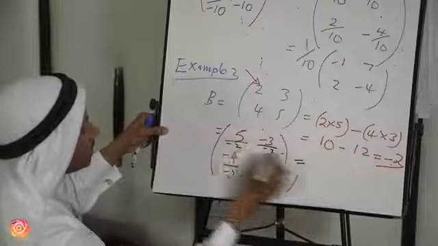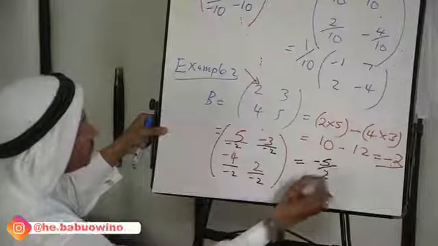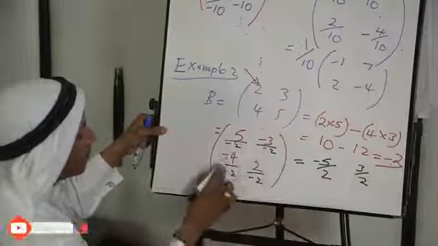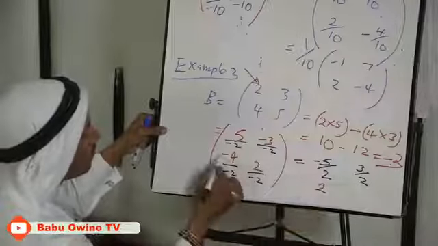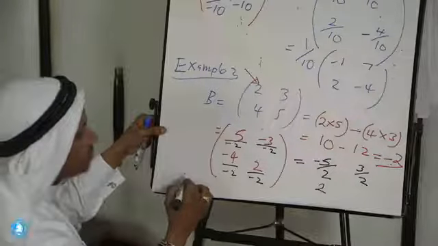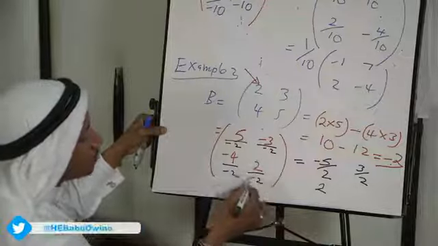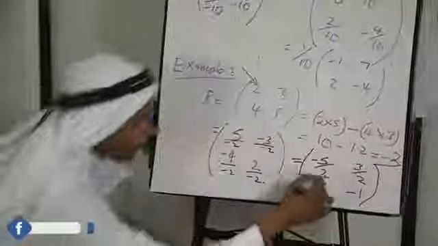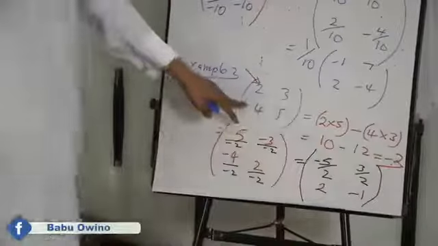So here we get minus 5 over 2. Here we get 3 over 2. Here we get 2, since minus 4 divided by minus 2 is 2. And 2 divided by minus 2 is minus 1. So this is the inverse of B.